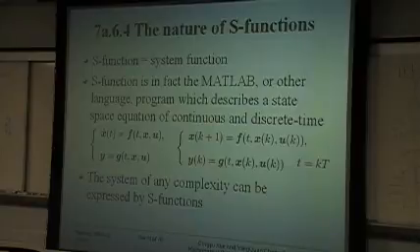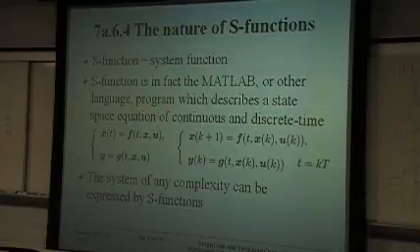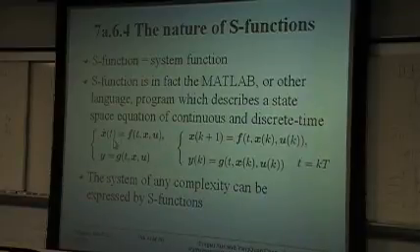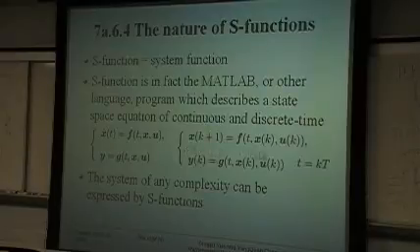So the best way to solve that kind of problem is by the use of S functions. Here S functions stand for system functions. The nature of an S function is a description of state space models, either continuous or discrete state space models. You can model it in this way.